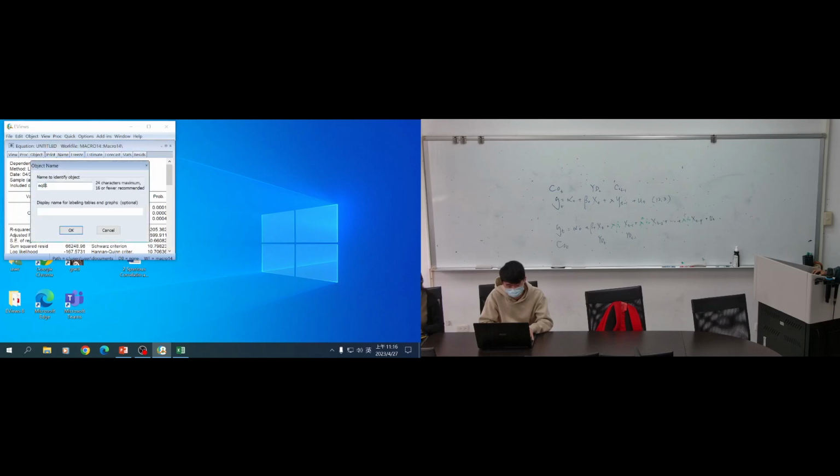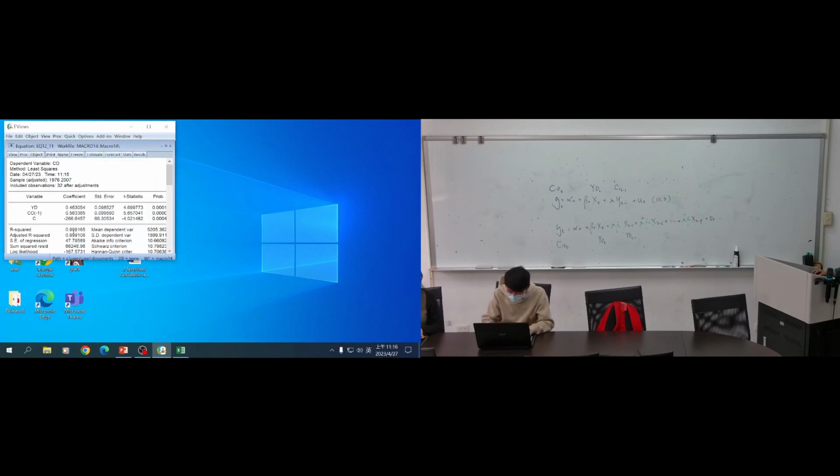So this equation will be identified later on when I need it, 12.11. I cannot put a point there, so I use 12 underline 11 to represent the equation. Can I do the point? No. Huh? Cannot? Let me see.